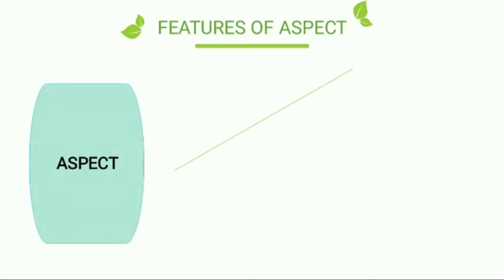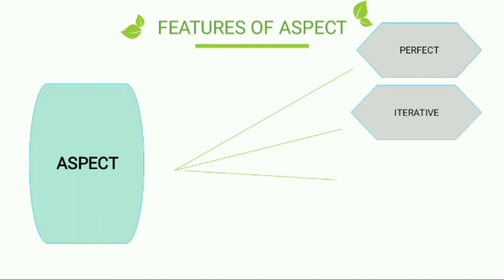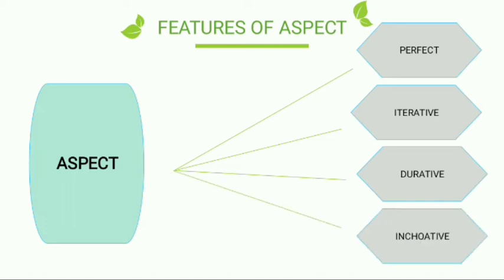Features of aspect. There are perfect, iterative, durative, and inquisitive. Perfect means an aspectual concept which implies the completion of an action, and iterative means the repetition of an action.